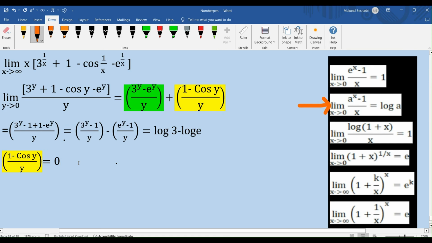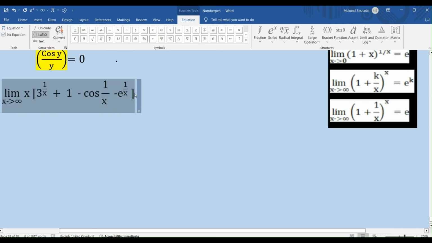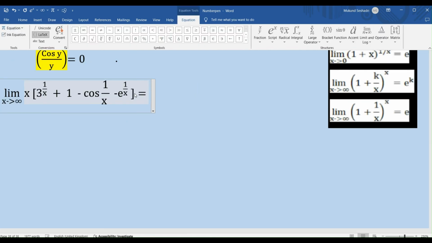Now when I combine, I'm going to copy this and write it here. I'm going to write this as log 3 minus log e plus 0, which you don't have to consider.